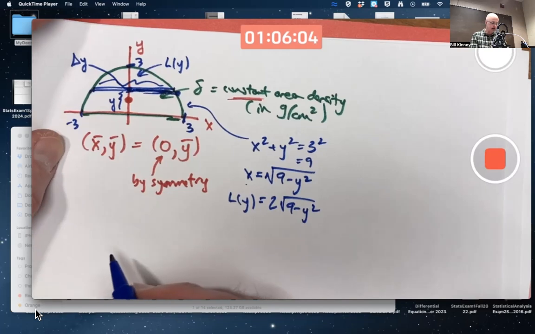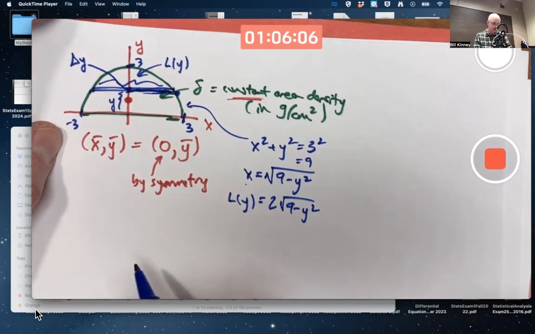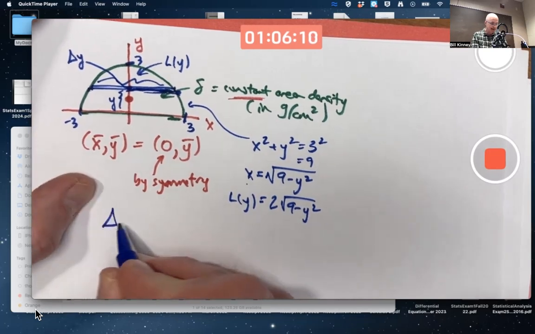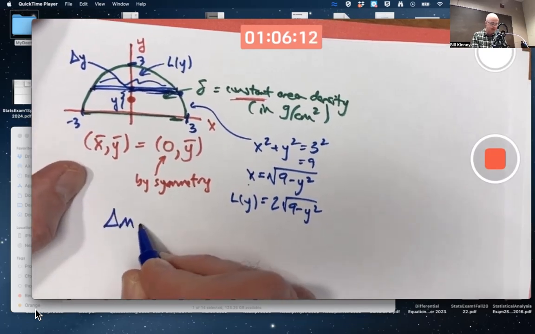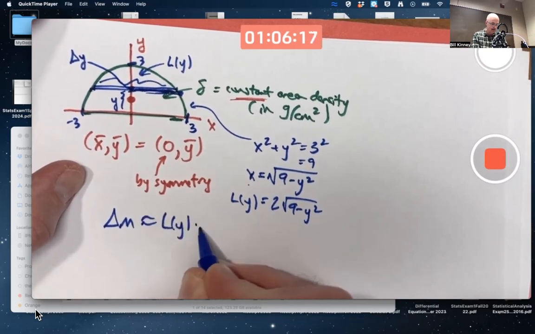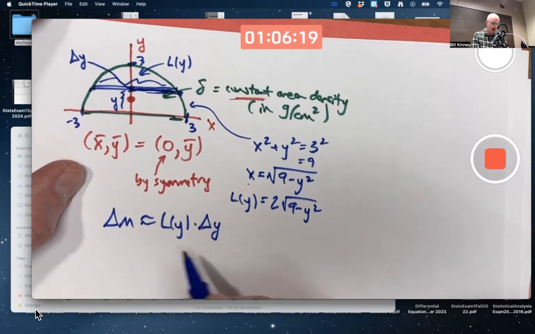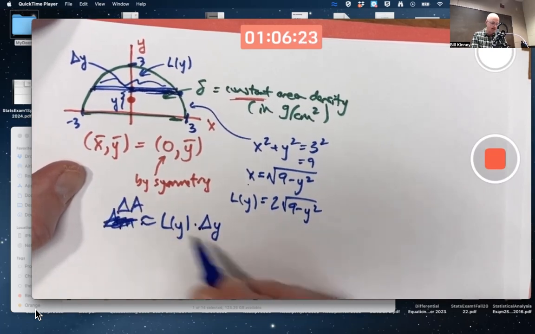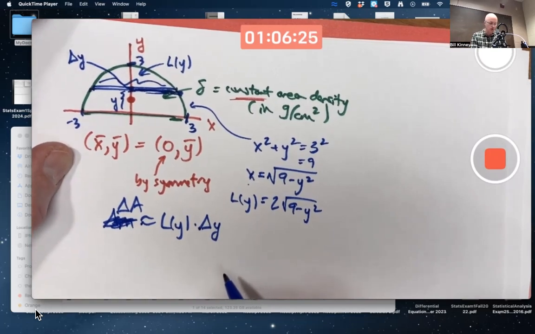So hang on here, we're almost done, at least in terms of setting it up. The approximate mass of that thin slice would be L of y times delta y, or that, no, that's the approximate area, sorry. Delta A is L of y times delta y.